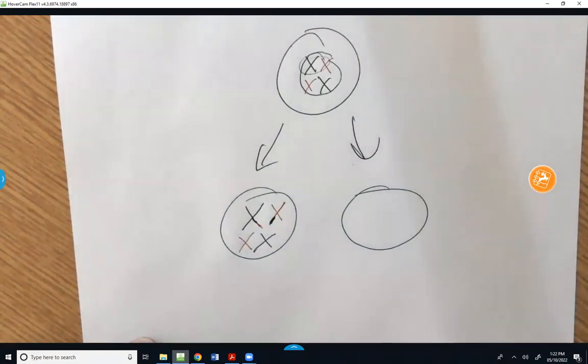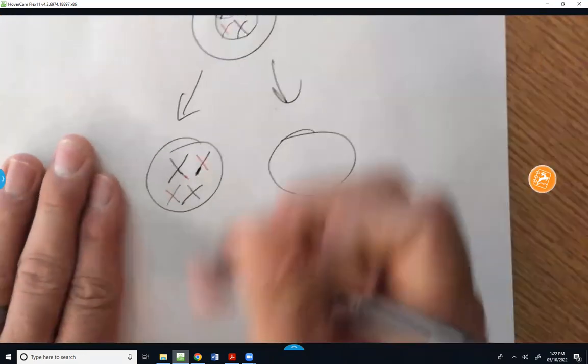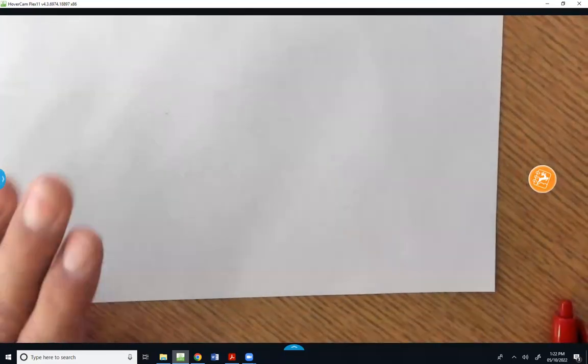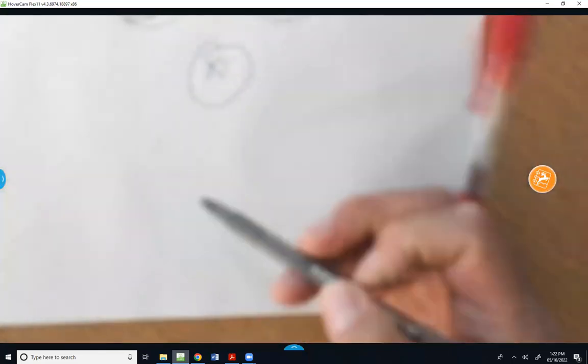Oops, I drew it wrong. Sorry. Let me start it over. I messed it up. I'm trying to draw 2. Let me just start with 1 pair. All right, so we've got 1 pair of chromosomes. I'm not even going to worry about the 2 pair because I'm just going to confuse myself.